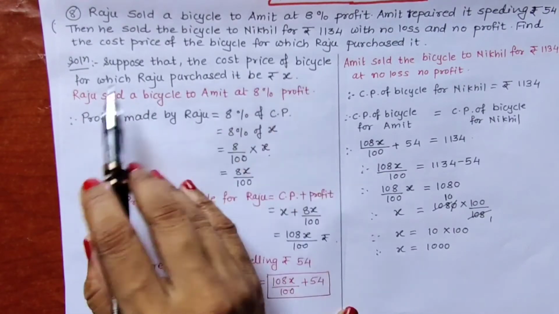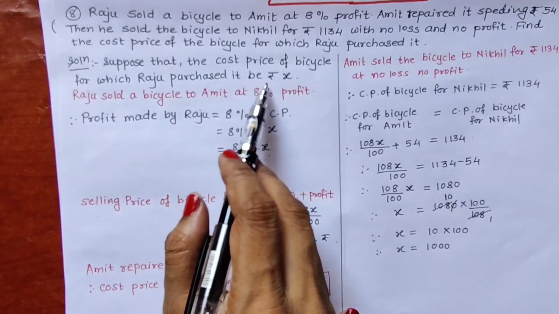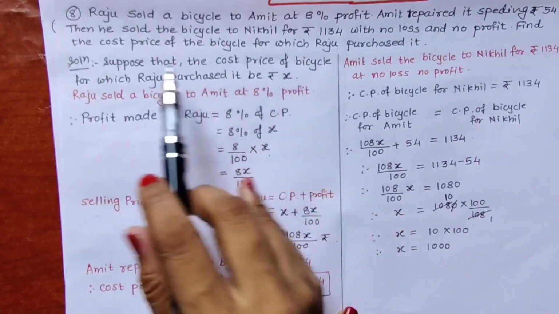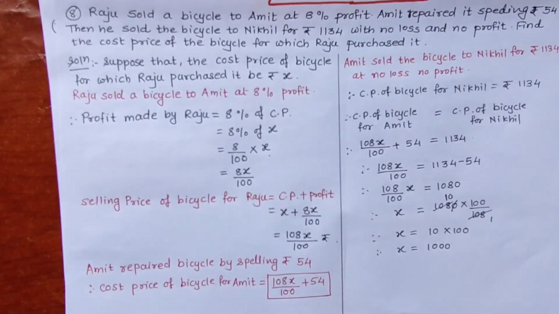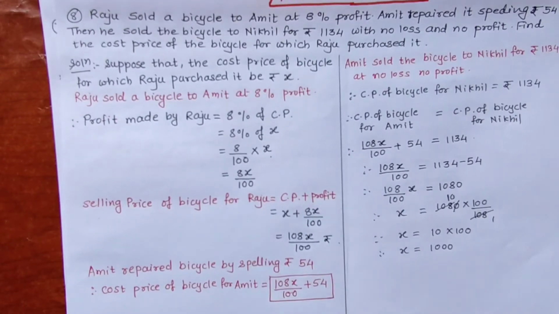So in this way we have got the value of x, and x we have taken for the cost price of the bicycle which Raju purchased. So we have got the cost price of the bicycle as rupees 1000. So let us write the answer statement.